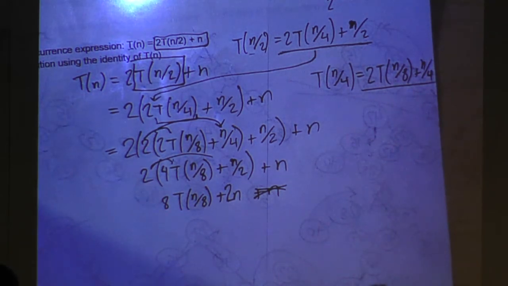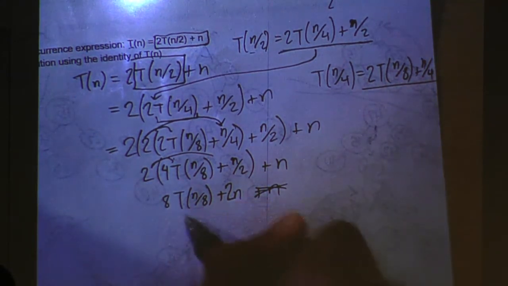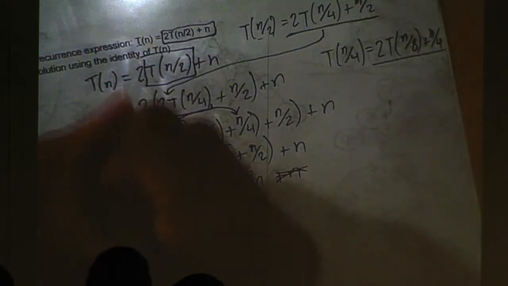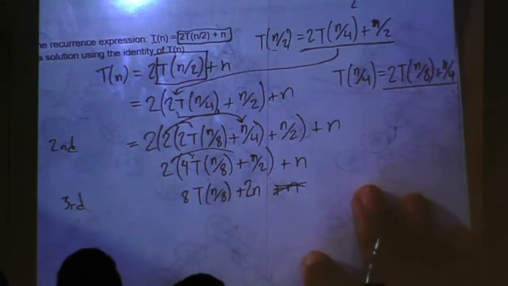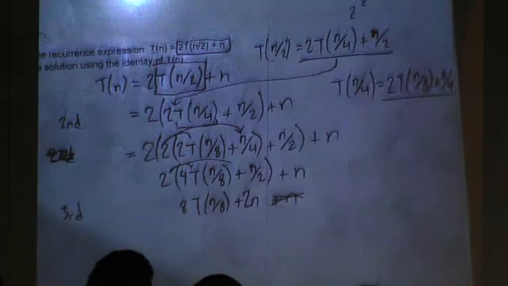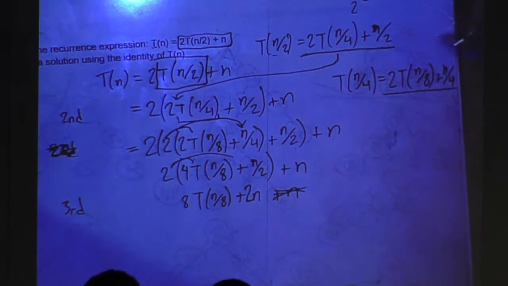Right. So you see how this here, how we have 8T, this is our third iteration, and we did our second iteration here. Oh wait, no, this was our second. What happened? Did I lose an n?